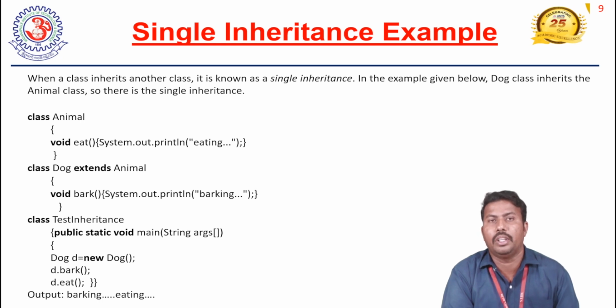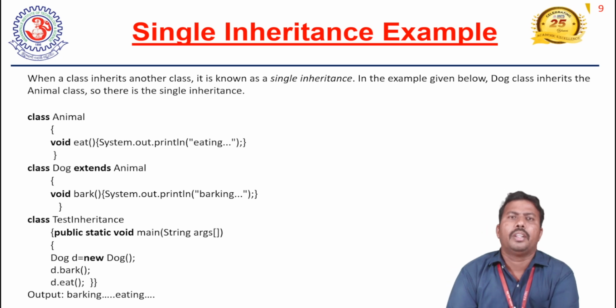Here the superclass name comes into the picture again. The syntax for creating a subclass in Java is class subclass extends superclass. In this way we create objects for the subclass.